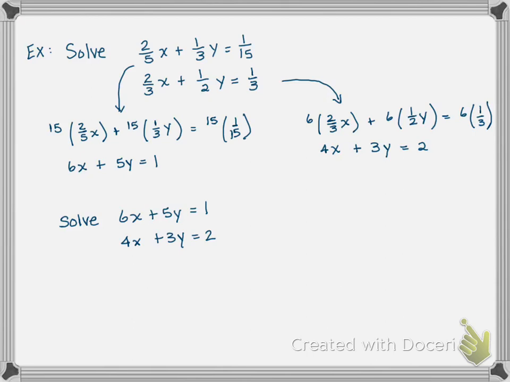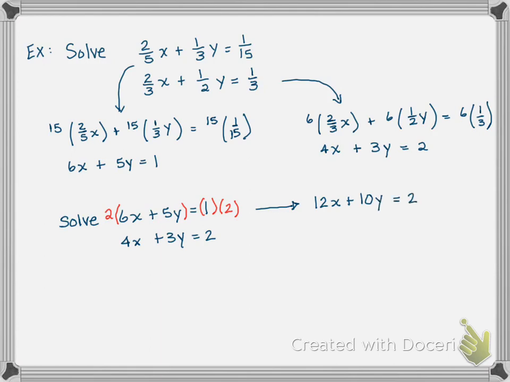So if I look at 6 and 4, the LCM of 6 and 4 is 12. And so my goal is to get coefficients of 12 and negative 12 for my X's. So the first one, I'll multiply by 2 on both sides, which gives me 12x plus 10y equals 2.